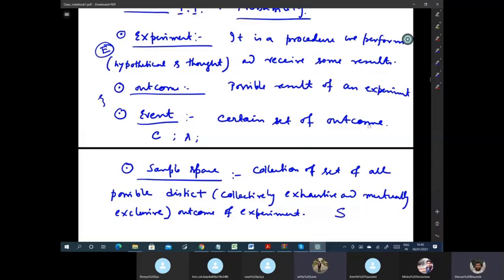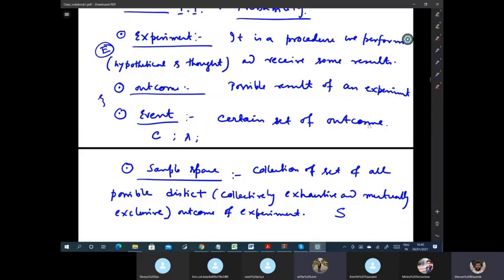Yes, sir. The outcomes can be any number on the die, like 2, 3, 4, 5, 6. And events, we can form any set. Let's assume the number we get is less than 4, and we can form a set, and that can form an event. And for sample space, we can take numbers that are less than 6.